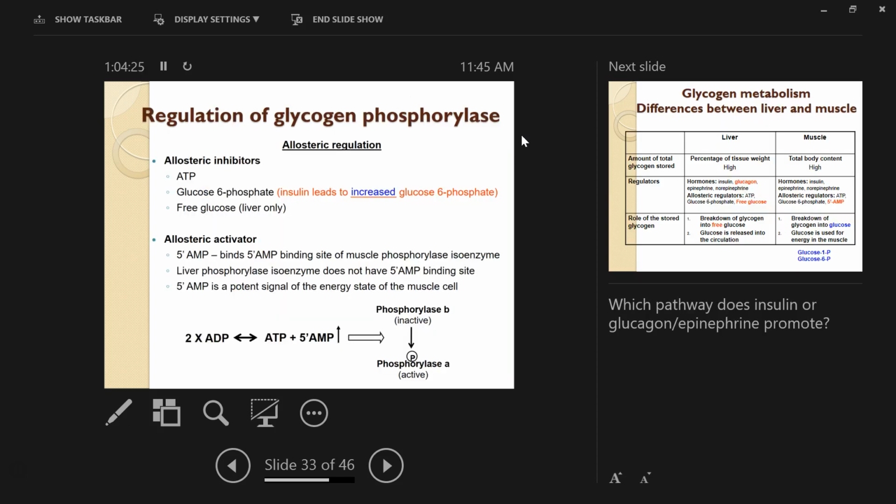So that's that. And in addition to the hormonal regulation, through the cyclic AMP dependent mechanism, there are other regulatory mechanisms called allosteric regulation. So in addition to hormones, some substrates can also regulate the enzymes, like ATP, glucose 6-phosphate, and free glucose.